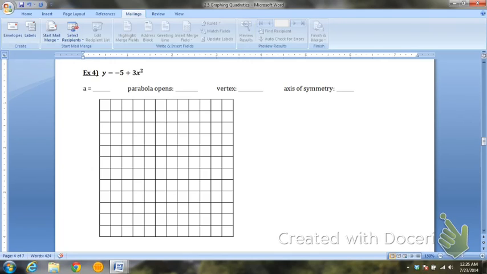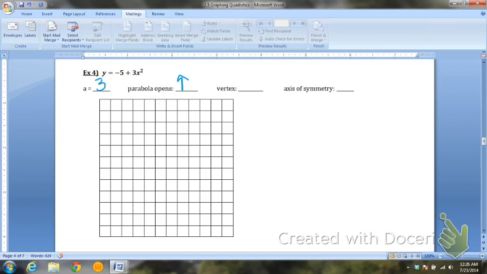On example number 4, does it matter that it's out of order? No, it doesn't. I still know that a is the coefficient in front of my quadratic term, so I know that a is 3, which means it's positive, so it's going to open up.